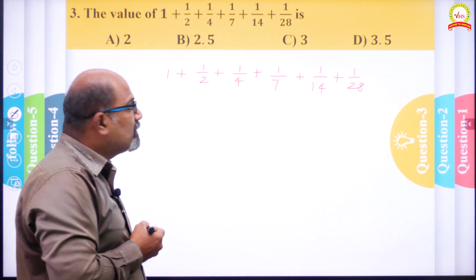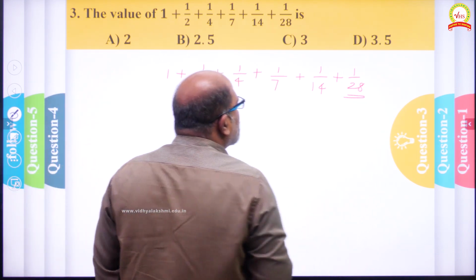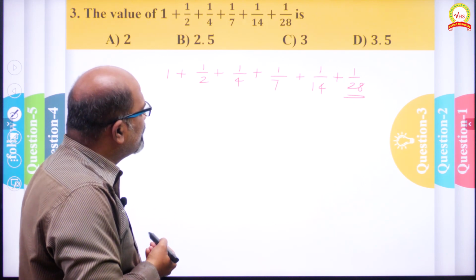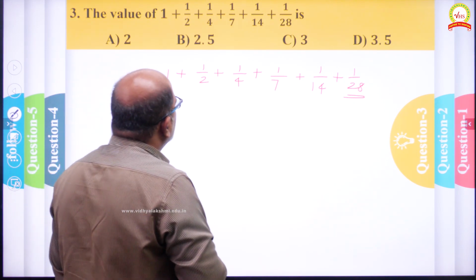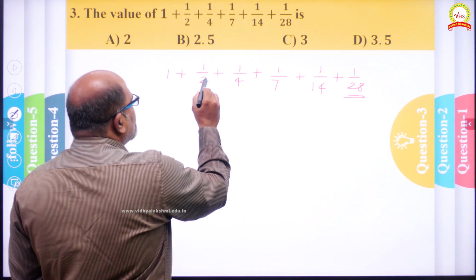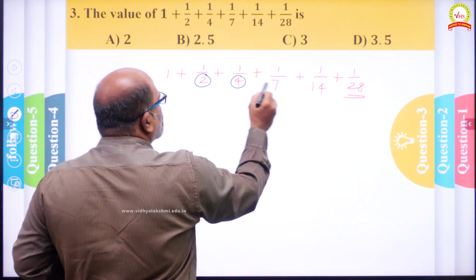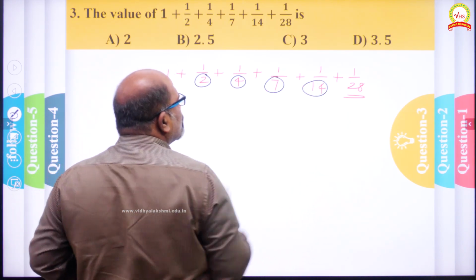What is the idea I can get? See, this is the greatest number of all the denominators, 28. And when you observe the remaining numbers, we are having 2 followed by 4, this 7 and this 14.